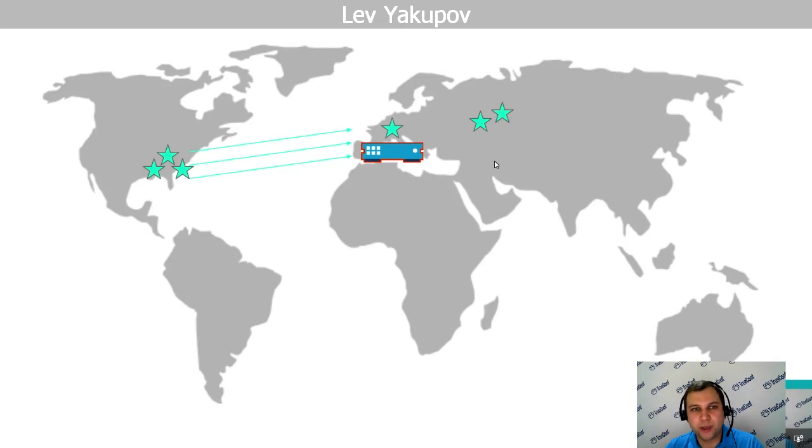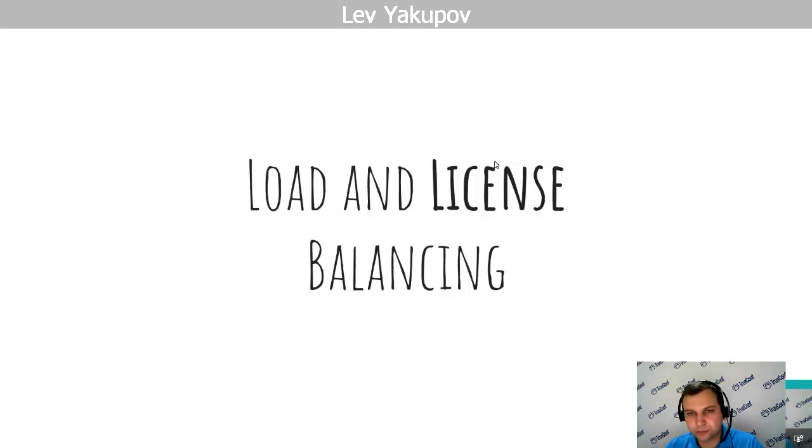So when American users try to host a large conference and invite all other colleagues from other regions, they just wouldn't be able to do so, because the local server will have a limit on the number of connections. To get rid of such limitations, we introduced a new feature called load and license balancing.